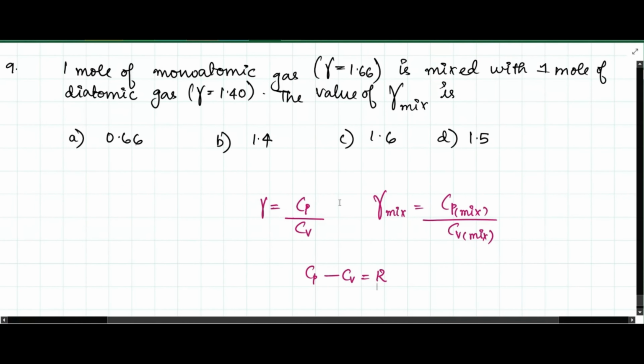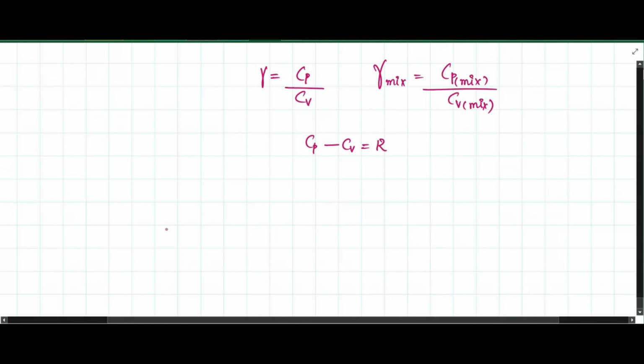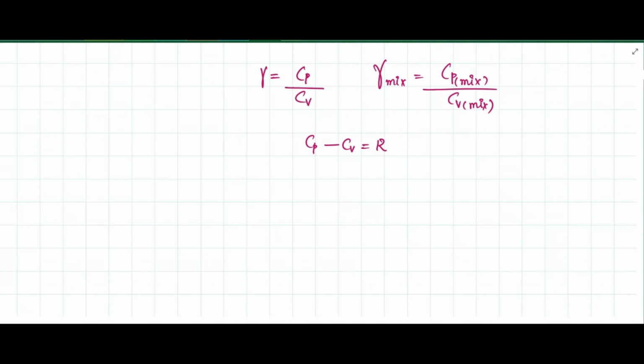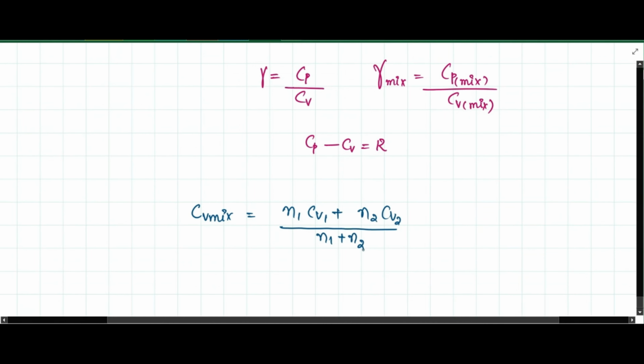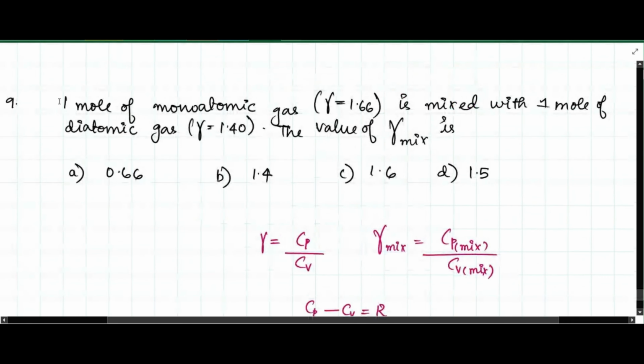So let's first find Cv mix. To find Cv mix, we have to do N1 Cv1 plus N2 Cv2 divided by N1 plus N2. There are two gases: 1 mole of monoatomic gas is mixed with 1 mole of diatomic gas.